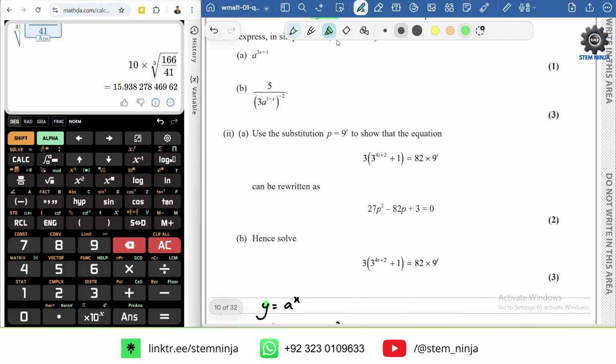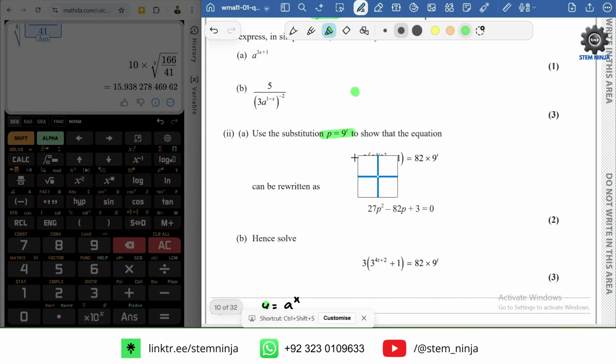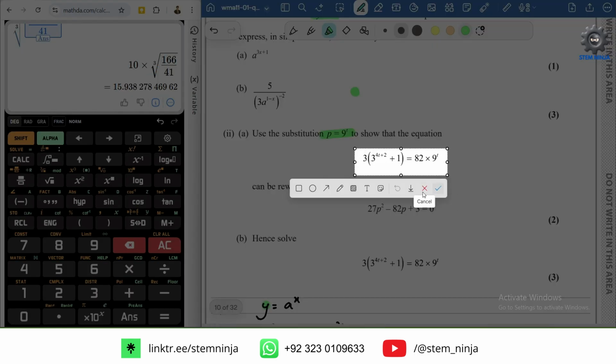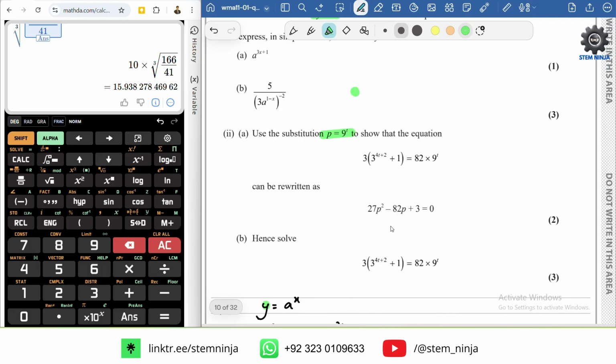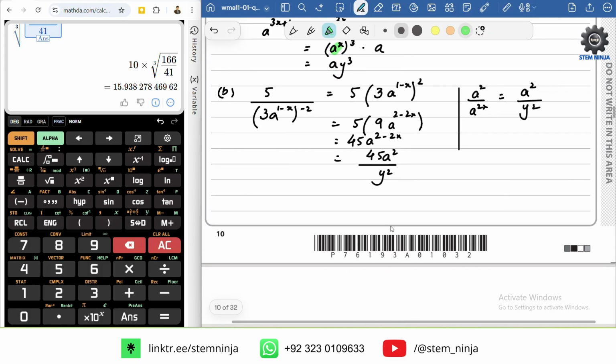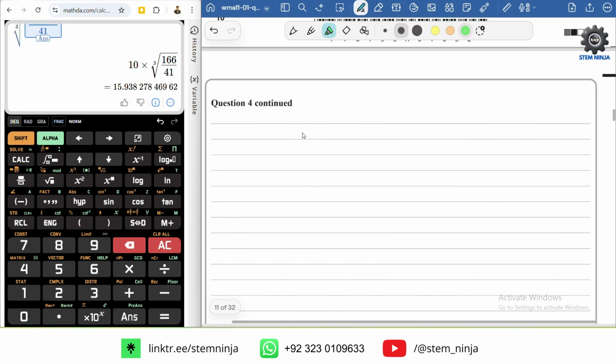Use the substitution p equals 9 raised to power t to show that this equation can be written like this. Okay, so I'm going to copy this and paste it over there.